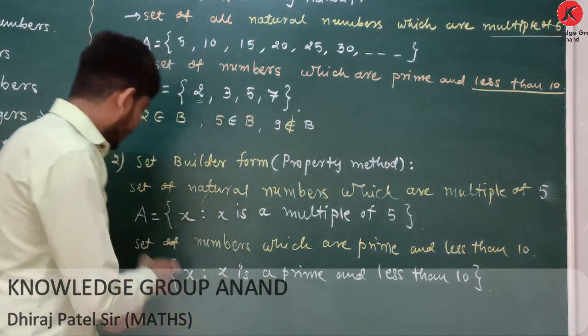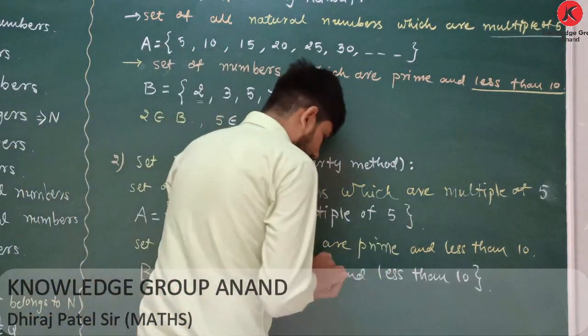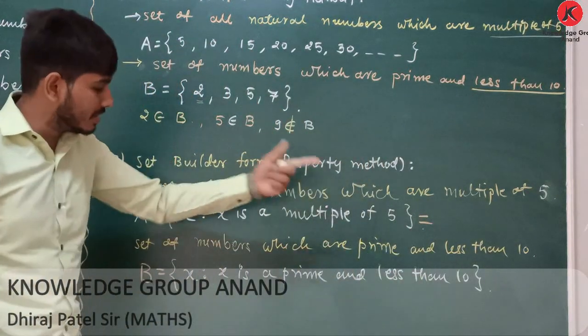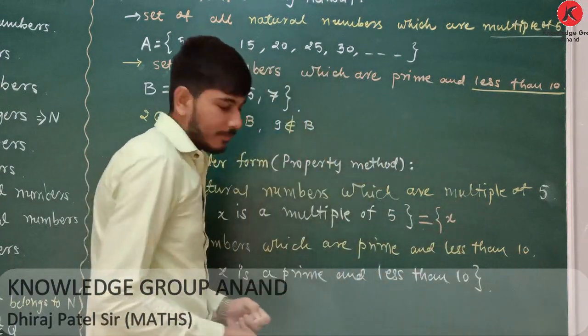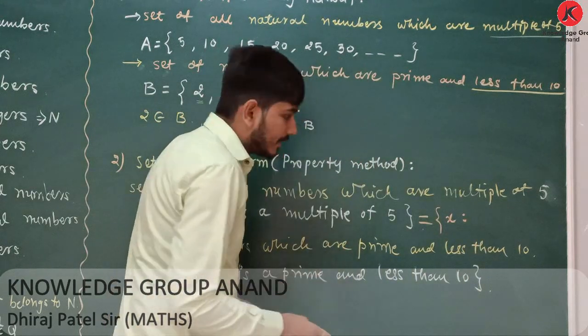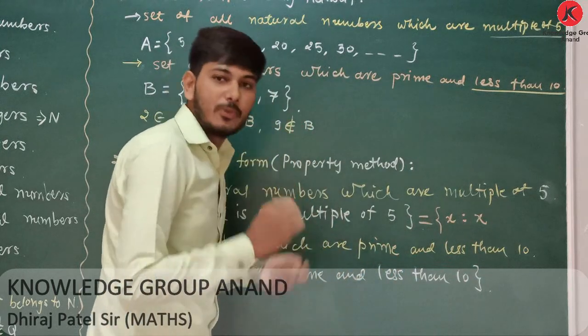I am discussing the second method for set A. The set A can also be represented as x, the variable is required, x such that x is a multiple of 5.